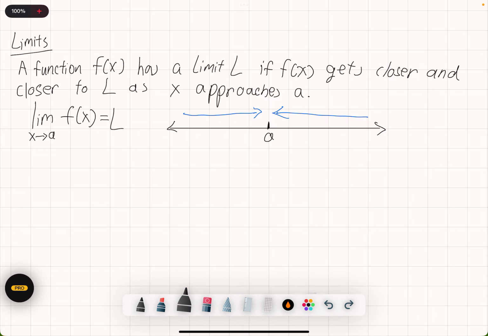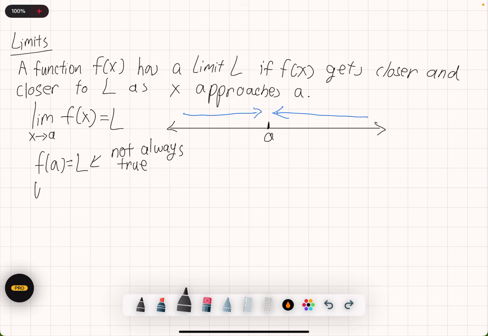Now notice that this doesn't exactly mean f of A is L. That's not always true, because a function has a domain and range. So sometimes A is not in the domain of f of x, so f of A is actually not defined.